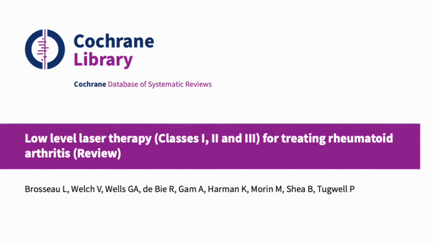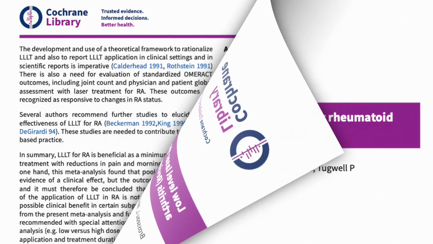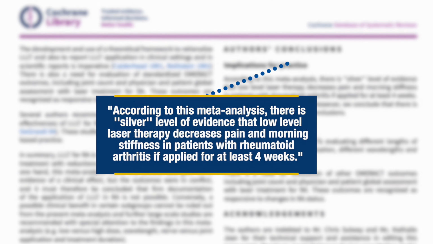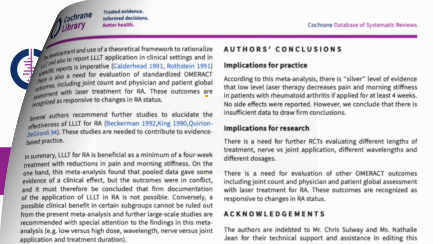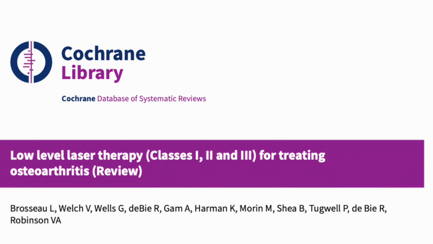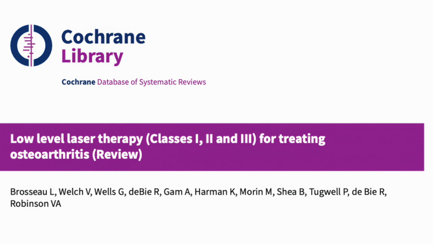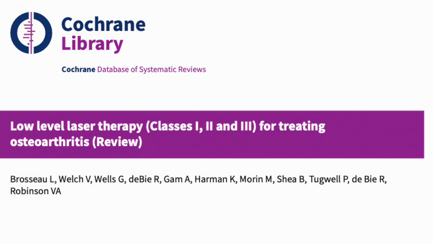A Cochrane review published in 2005 found that low-level laser therapy may be useful for short-term pain relief in patients with rheumatoid arthritis, but again, the studies that were included were deemed to be at a high risk of bias. For osteoarthritis, another Cochrane review found results to be conflicting, making it difficult to draw any conclusions.